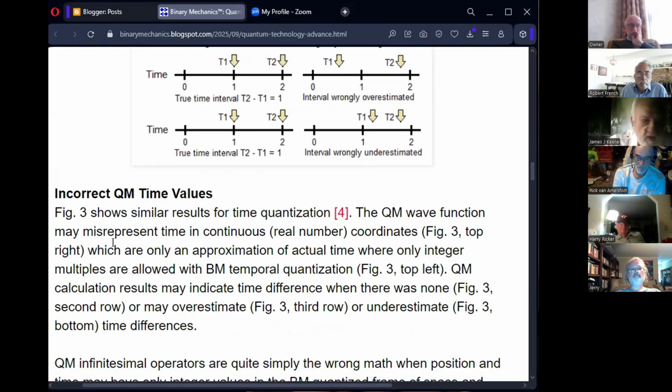The QM wave function may misrepresent time in continuous real number coordinates, which are only an approximation of actual time, where only integer multiples are allowed with BM temporal quantization. Quantum mechanic calculation results may indicate time difference when there was none, or overestimate or underestimate these time differences. I'm skipping fast over that because it's very similar to the space situation.